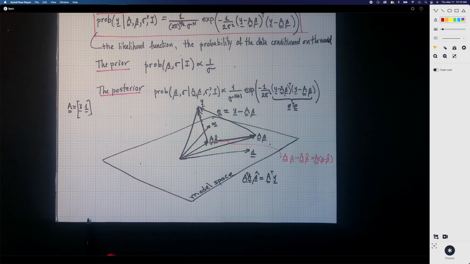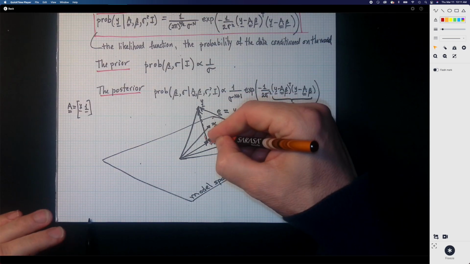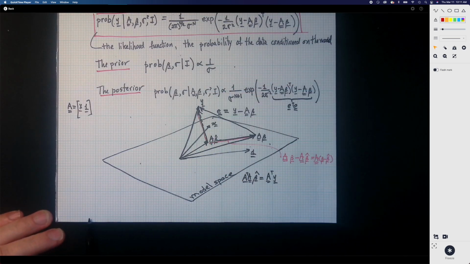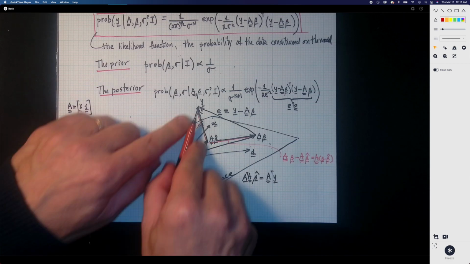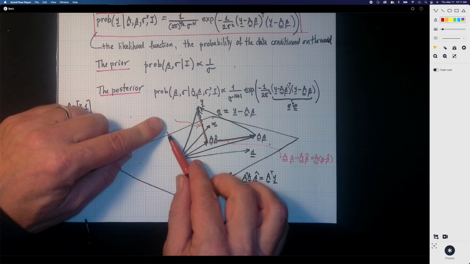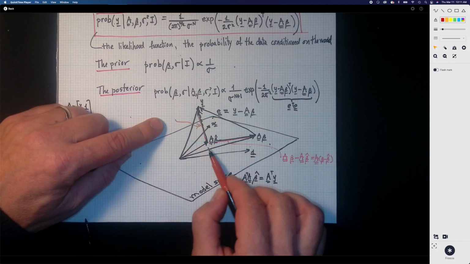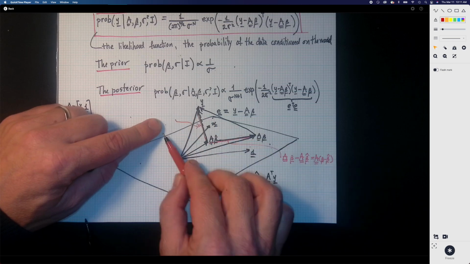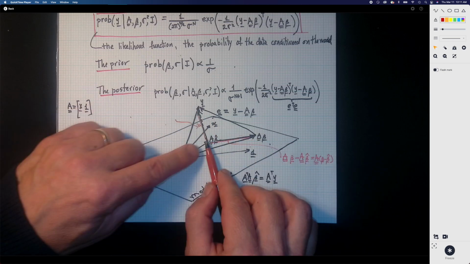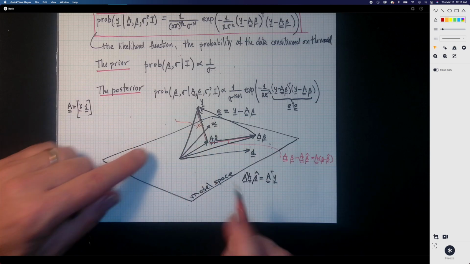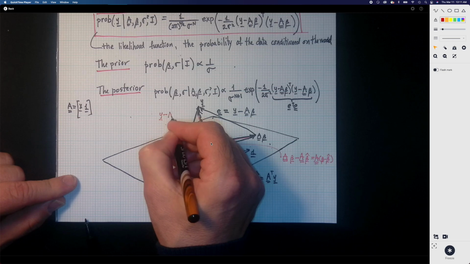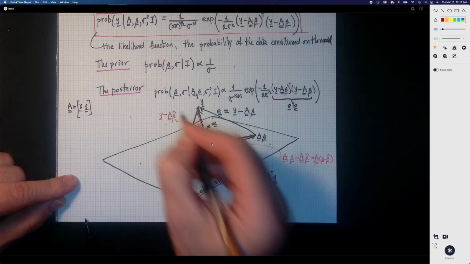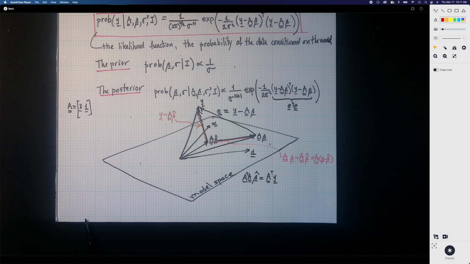And this vector along here is the same thing as Y minus A beta hat. If I go here and then subtract this vector, I end up with a vector which is parallel to this vector over here. So this is Y minus A beta hat. That's what we call completing the square.